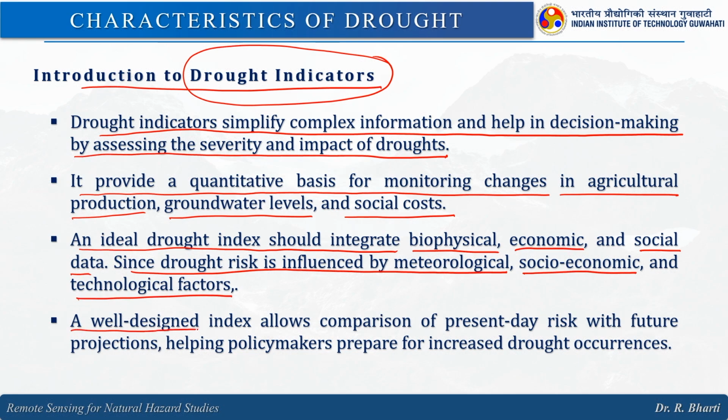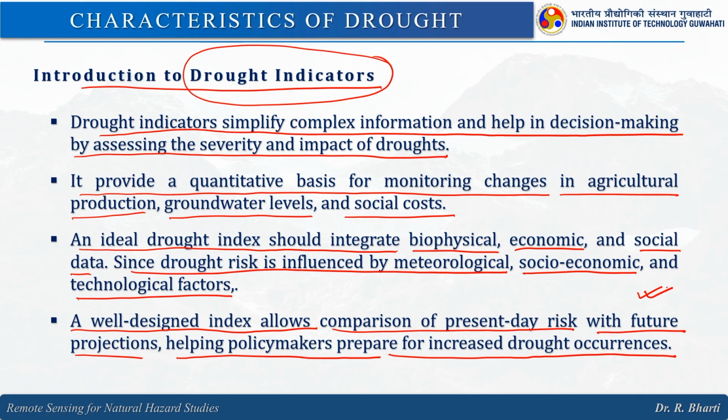A well designed index allows comparison of present day risk with future projection and helps policy makers prepare for increased drought occurrences, right? So, this is very important to evaluate, to identify.